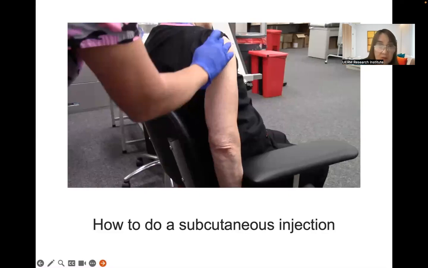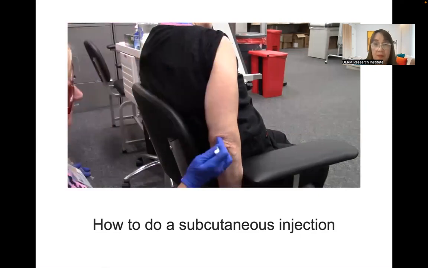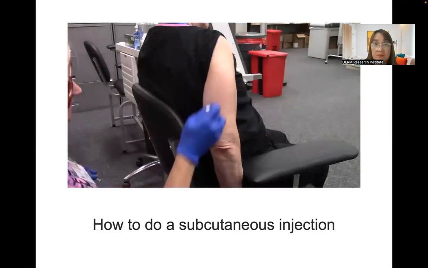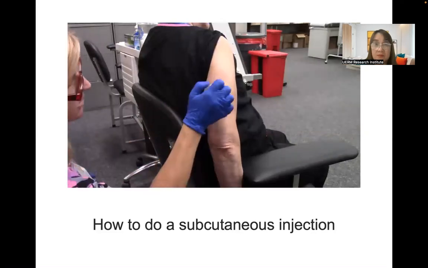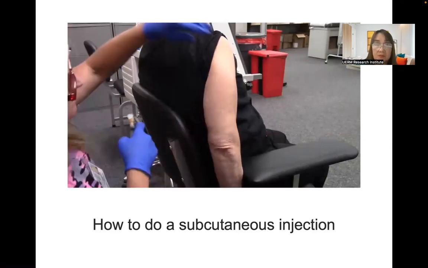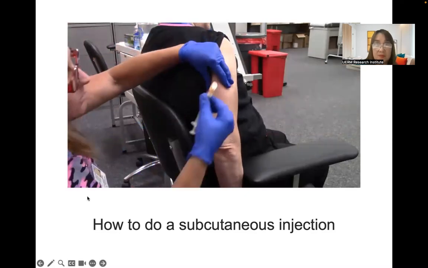So I will now show you how to do a subcutaneous injection. We're going to measure from the middle of the elbow to the middle of the back of the shoulder, about 3/4 of the way up. We're going to pinch about an inch. Take the cap off. Grab that. We're going to hold it at a 45-degree angle.